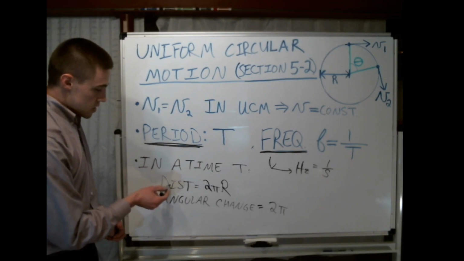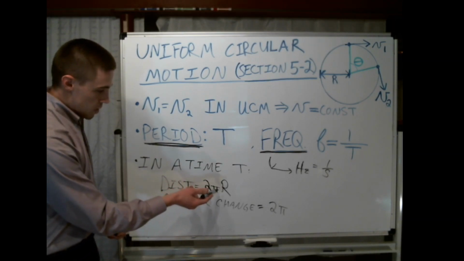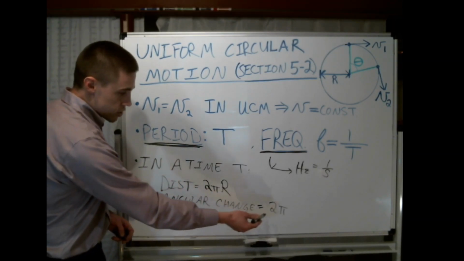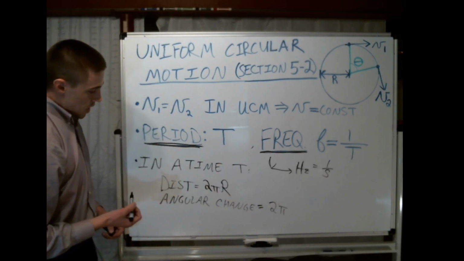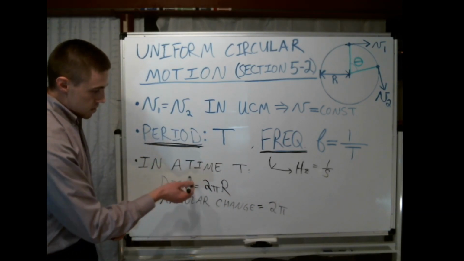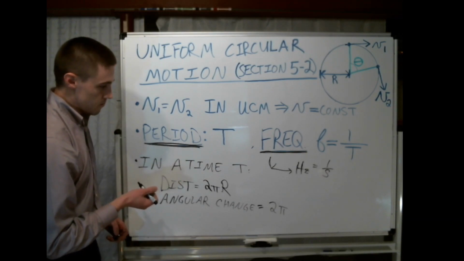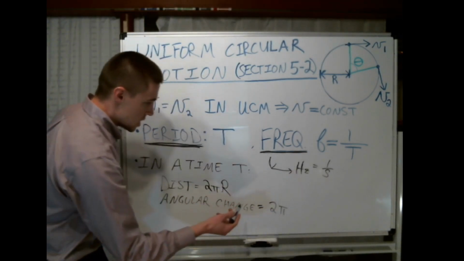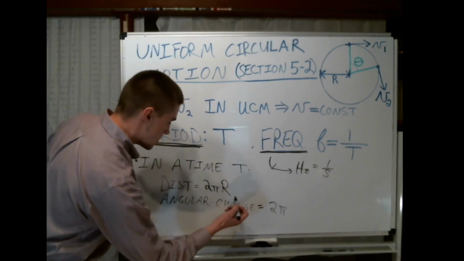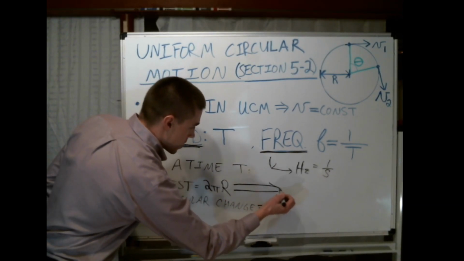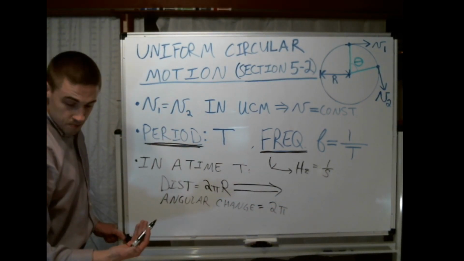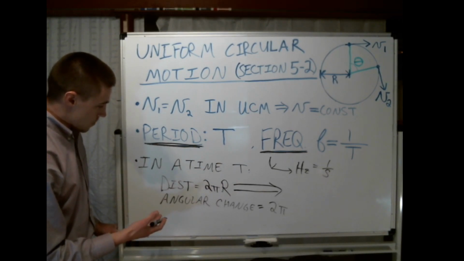So here, a distance of 2 pi r is traveled, and an angular change of 2 pi happens within a time T, the period. So that means that I can take these two quantities and I can say something about the velocity from each one of them.